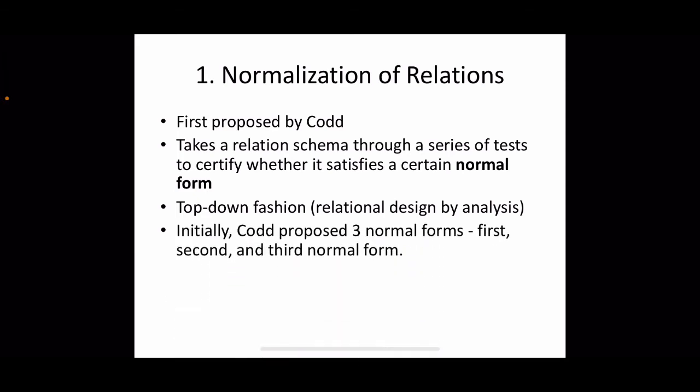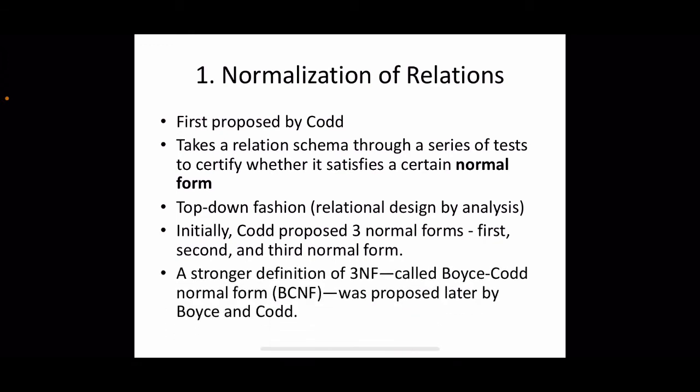So initially Codd proposed three different normal forms, 1NF, 2NF and 3NF. Okay. And later Boyce and Codd together designed a much stronger normal form that is called BCNF, Boyce-Codd normal form. So all these normal forms are based on a single analytical tool, the functional dependencies among the attributes of a relation.